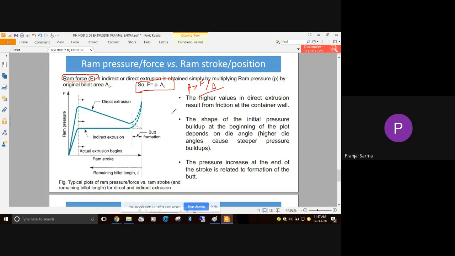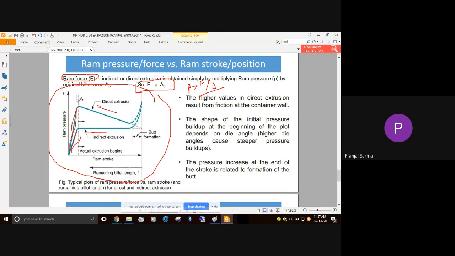If you look at this particular figure, on the x-axis we are showing the ram stroke, and here the ram pressure. We'll be showing it for direct extrusion and indirect extrusion. We already know in the case of direct extrusion the force requirement is more. So the pressure rises more rapidly here and the requirement of pressure is more than that of indirect extrusion.